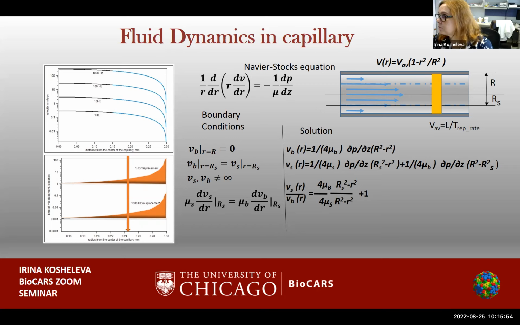And on the bottom figure, I just divided the length of the laser spot, the transverse laser spot, by the velocity profile, just to have an idea what happens in the capillary. And we see that the outer portion of the capillary is heavily affected. Firstly, because of the decreased velocity of the liquid in the capillary, this volume is probed multiple times between the pump probes.